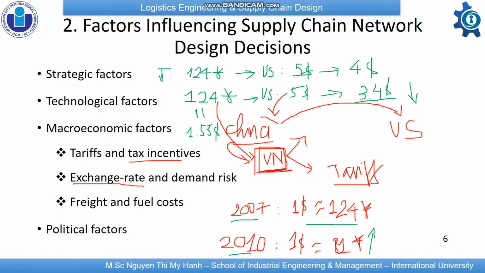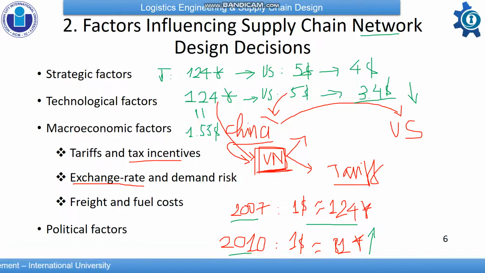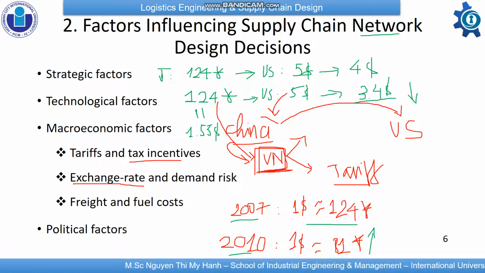So that's why companies have to consider the fluctuation in exchange rate when they make the network design decision. They have to see where they should locate their factory when there is a common fluctuation in exchange rate.